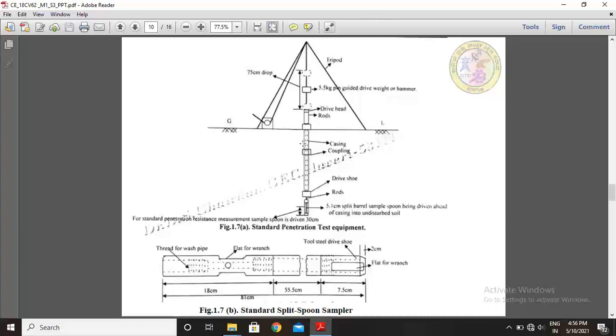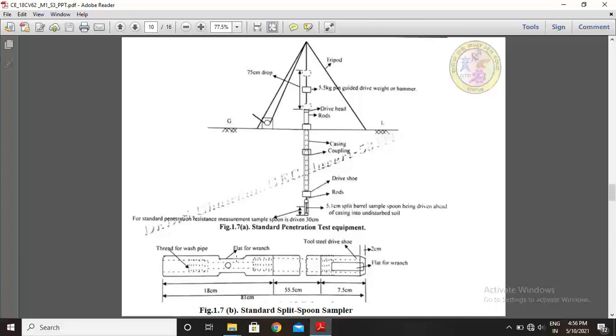So this is the diagram of the SPT test, and this diagram shows the standard split spoon sampler with different dimensions. Here to here 18 centimeter, here to here 55.5 centimeter, and here 7.5 centimeter, totaling 81 centimeter.